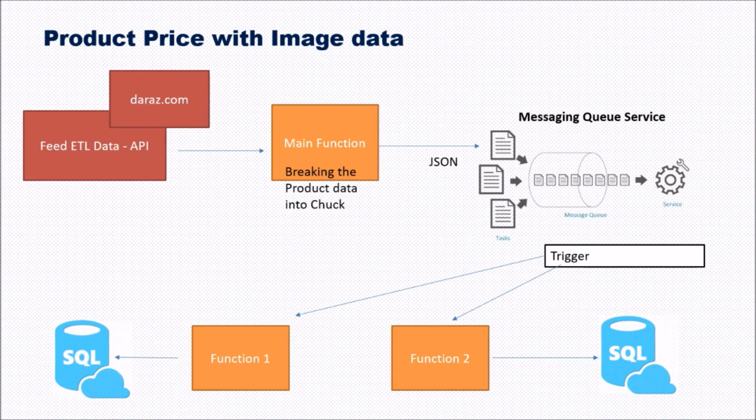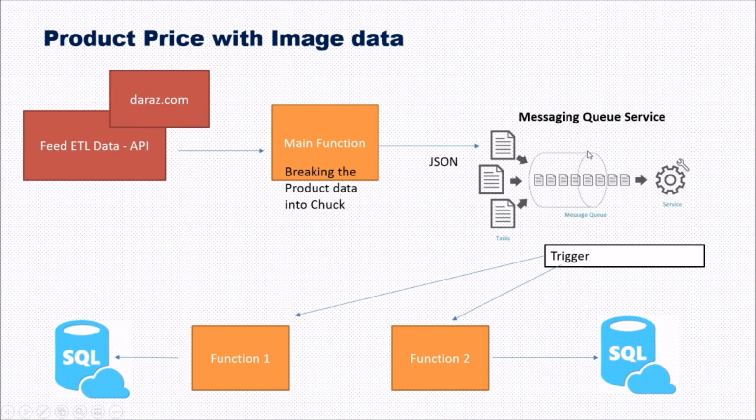If you have 20,000 products with images, you chunk them into 2,000 or 5,000 records, and each chunk creates a new instance, which means creating a new thread. And I'll be using a messaging queue. So why a messaging queue?